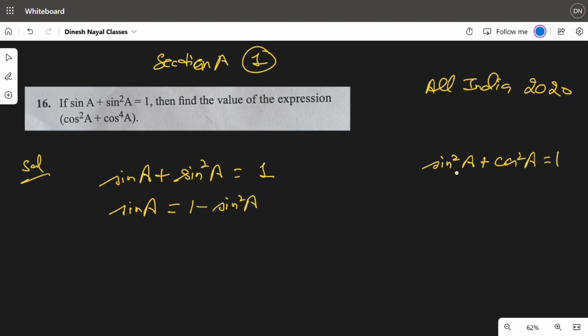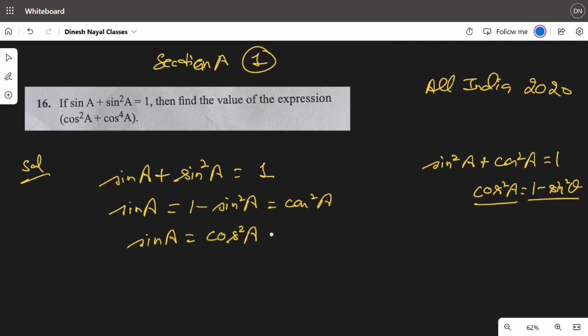If you take sine square to that side, cos square A will be 1 minus sine square A. So this is equal to cos square A. So sine A is equal to cos square A according to this question. Okay.